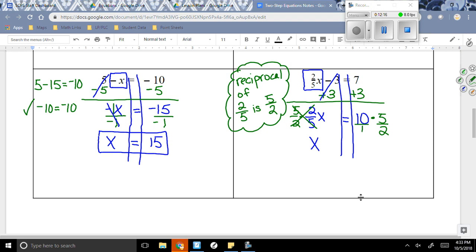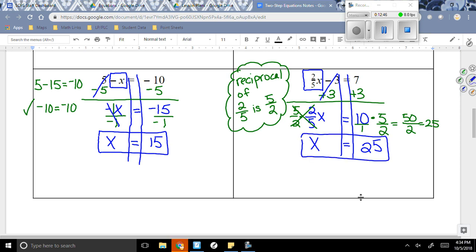So I have 10 times 5 is 50, and 1 times 2 is 2. And before I write that that's what x equals, I need to make sure that it's simplified. So I need to do that division problem. 50 divided by 2 is 25. So I'm going to make sure that at the bottom of my equation, I have x equals 25 as my solution. And put my box around it.